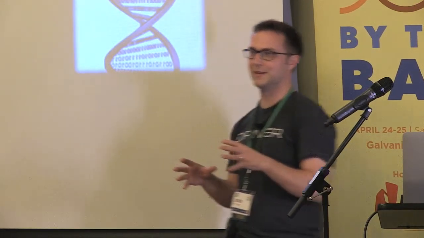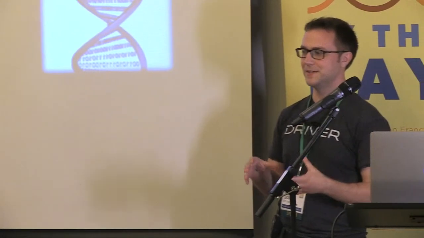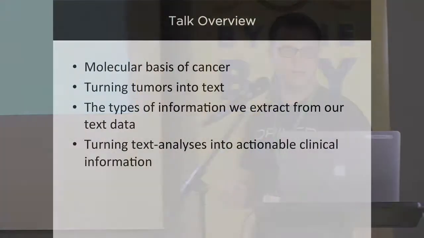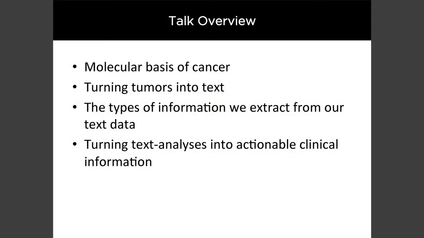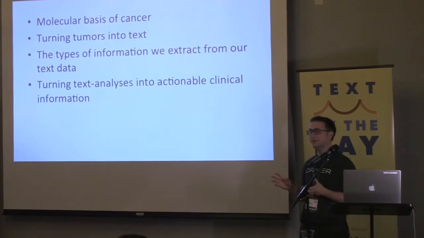So we're trying to cover quite a bit of the typical space, going from basically early research all the way through drug development. But today what I'm going to tell you guys about is first off a high-level overview of cancer, what causes it, what the molecular basis of it is and what that means.